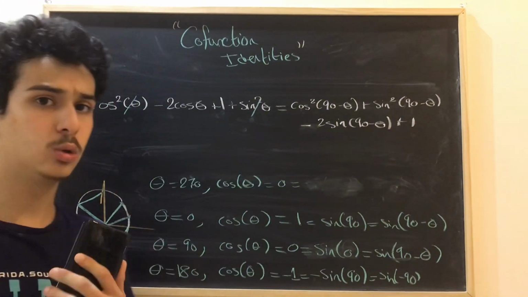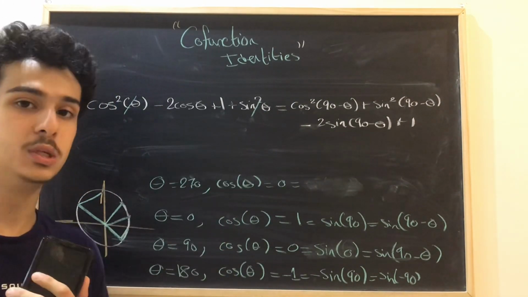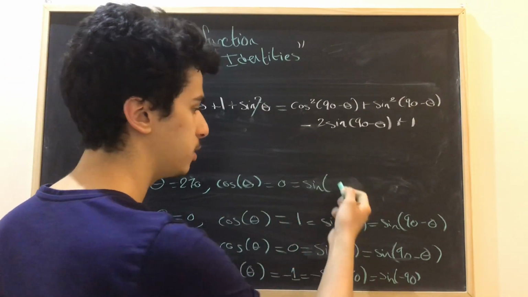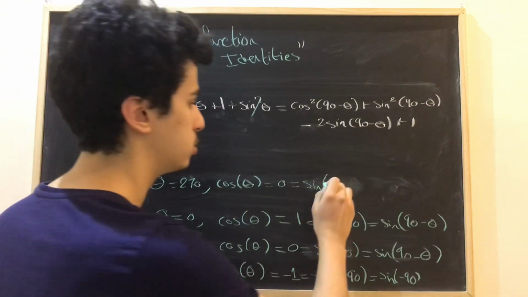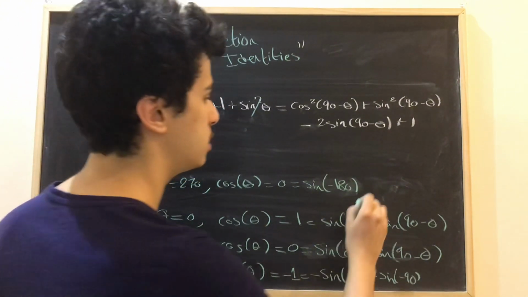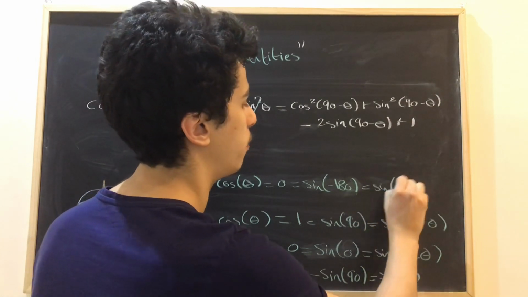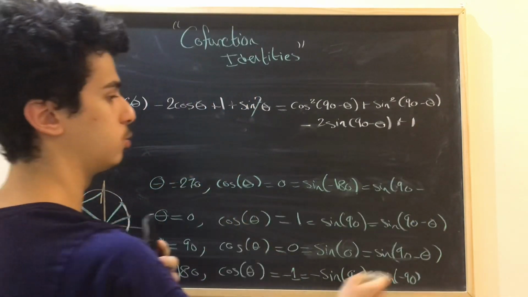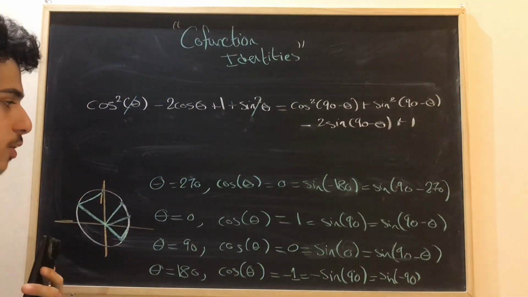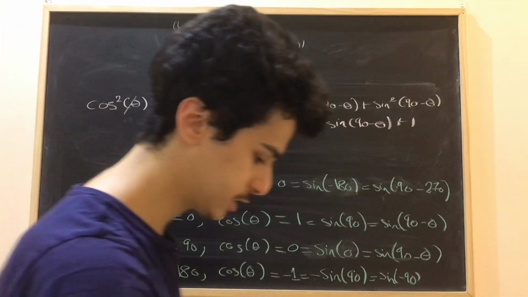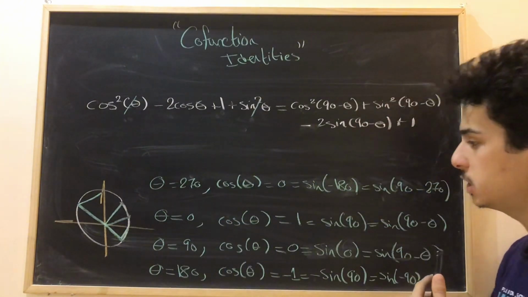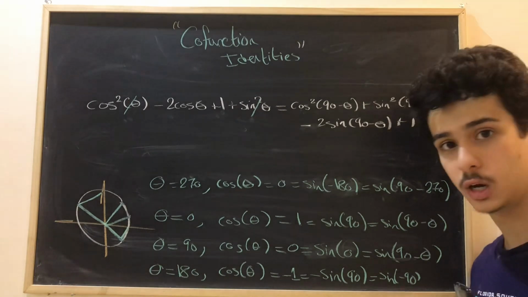And when theta is equal to 270, cosine theta will be 0, which equals sine of 180. But sine of 180 is equal to sine of negative 180. But sine of negative 180 is just sine of 90 minus theta, which is 270. And so this covers all the cases. 360 is just 0 with a period of 2 pi added, or 360. And that covers it for the cofunction identities.